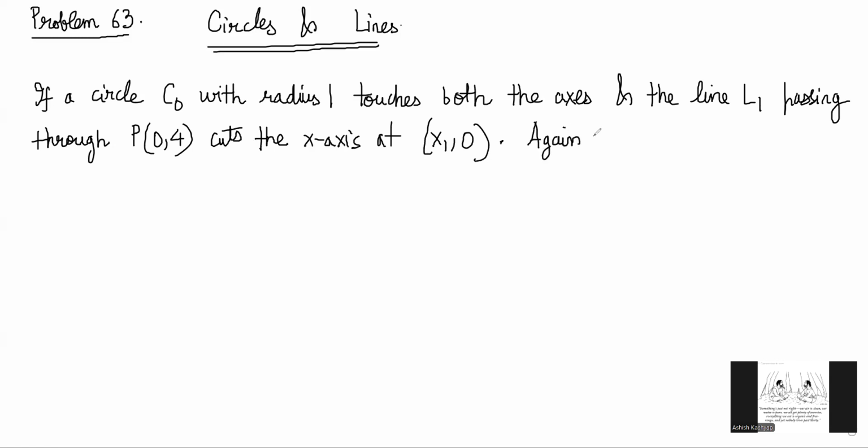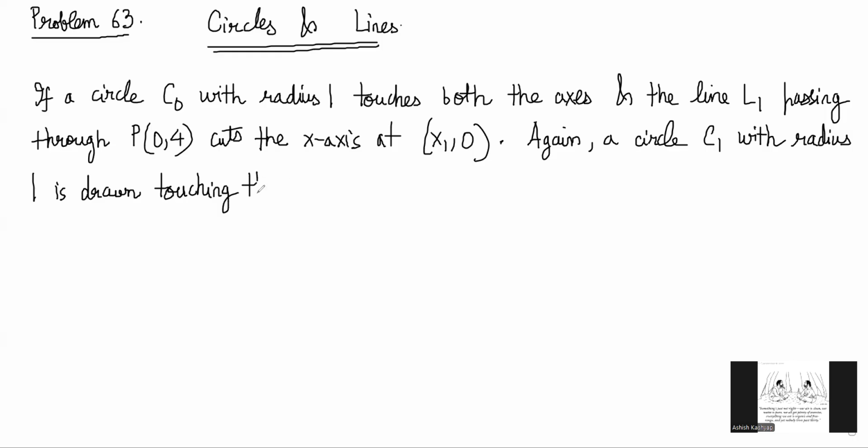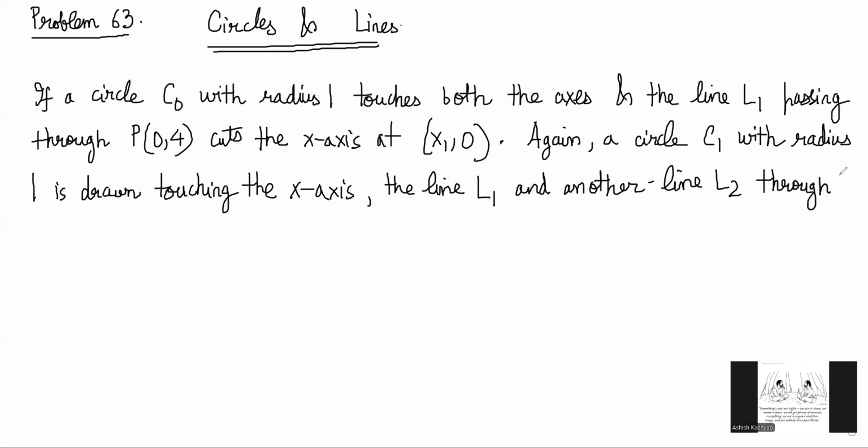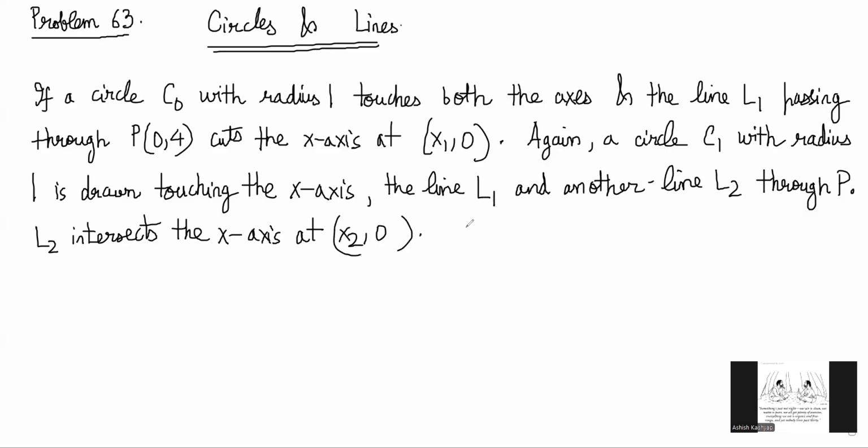Now again, a circle C1 with radius 1 is drawn touching the x-axis, the line L1, and another line L2 through P. Now this L2 line intersects the x-axis at x2, 0. The question is asking us to find the value of x2.